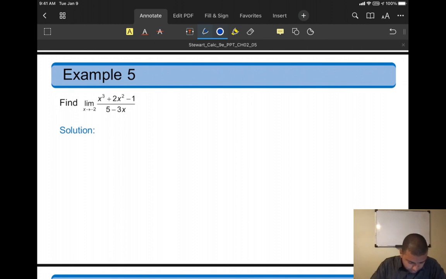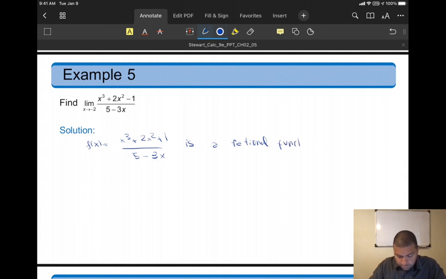So we say f of x, x cubed plus 2x squared plus 1 over 5 minus 3x, is a rational function. Remember, rational functions are divisions of polynomials, quotients of polynomials. It's a rational function, and it's defined everywhere except at the zeros of the denominator.